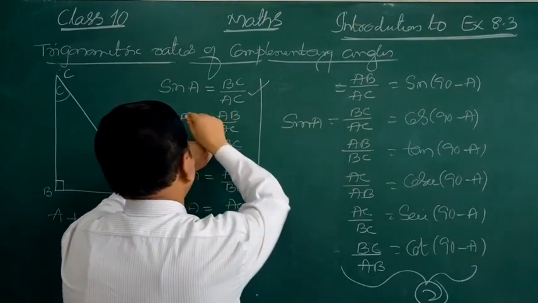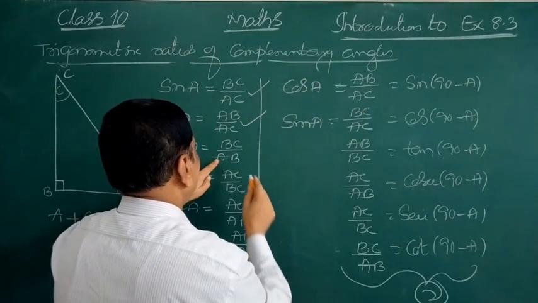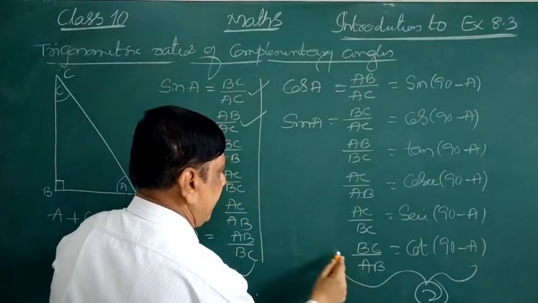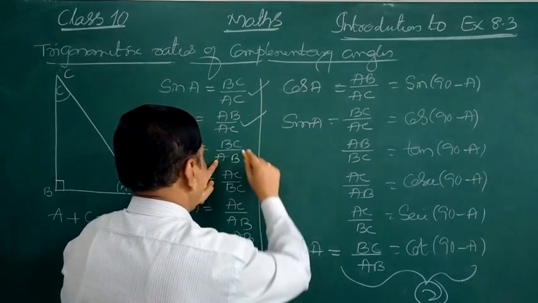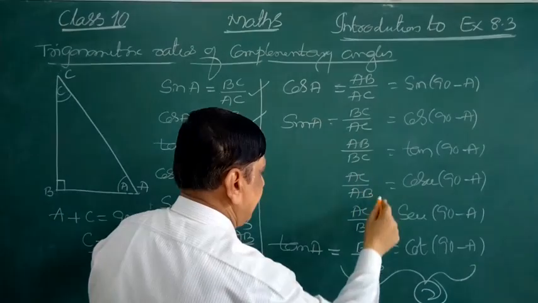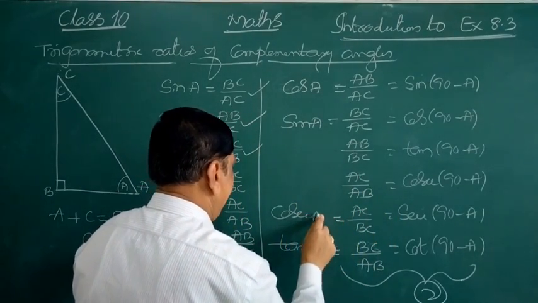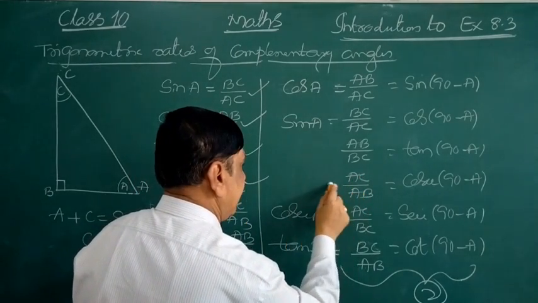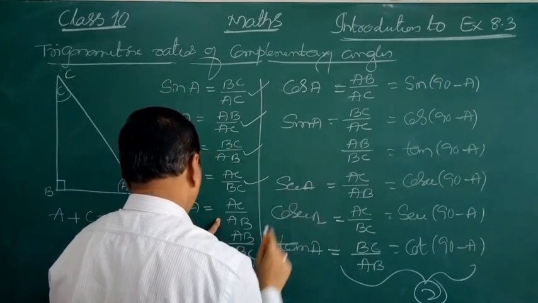This AB by AC can be replaced by cosine. Next, BC by AB, the same we have observed here. BC by AB can be written as tan A. And then AC by BC is available here, that is cosecant A. Next, AC by AB is present here, so this is equal to secant A.